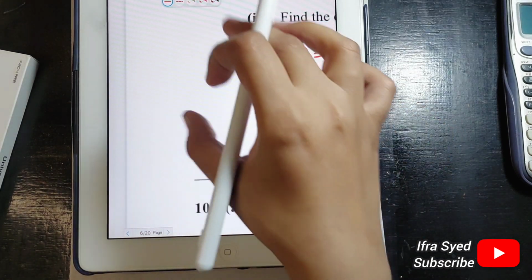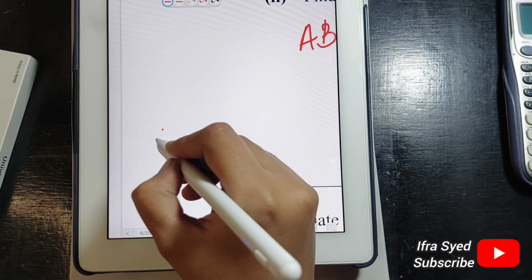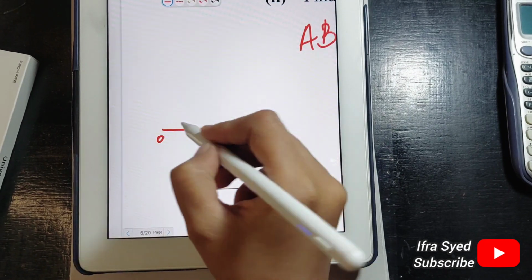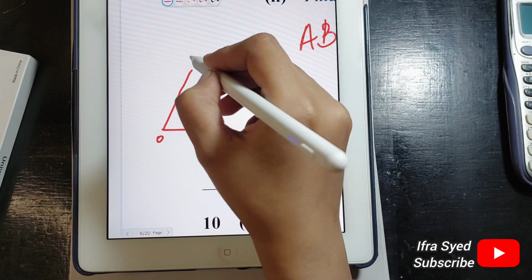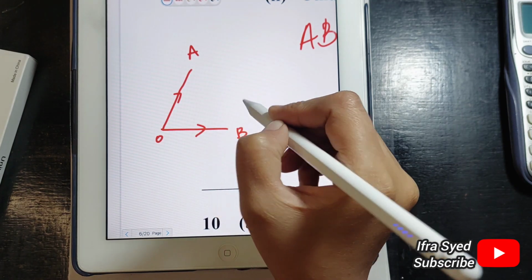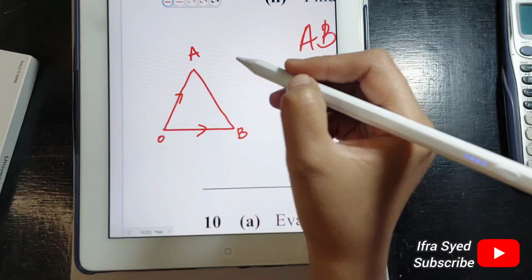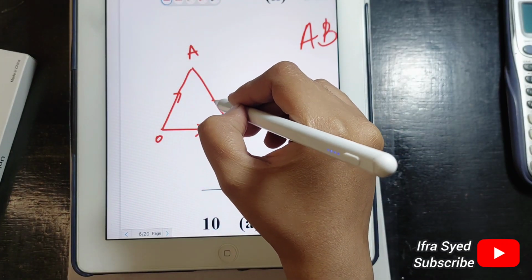First of all, let me explain another concept. In vectors, if we have a point O, and we have two vectors a and b in these directions, we can easily find AB by joining these two, and it will be in this direction.